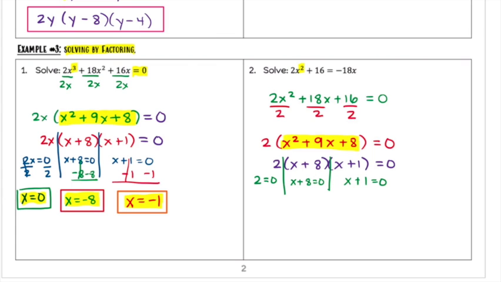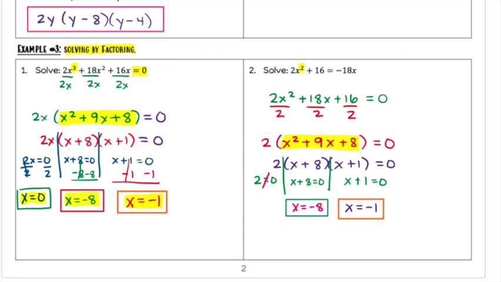Now that does not make sense. 2 is never equal to 0, so I'm going to slash that. That is not a possible answer. But that answer must be on paper because that was part of my GCF. For the second piece here, we have x is equal to negative 8. For the last piece, we have x is equal to negative 1.